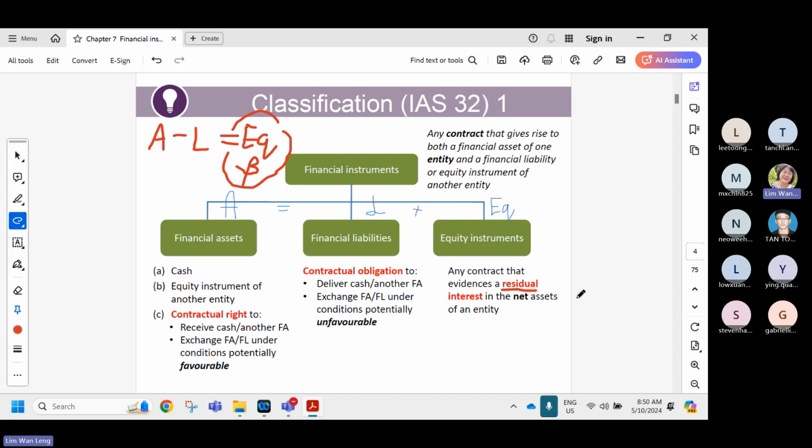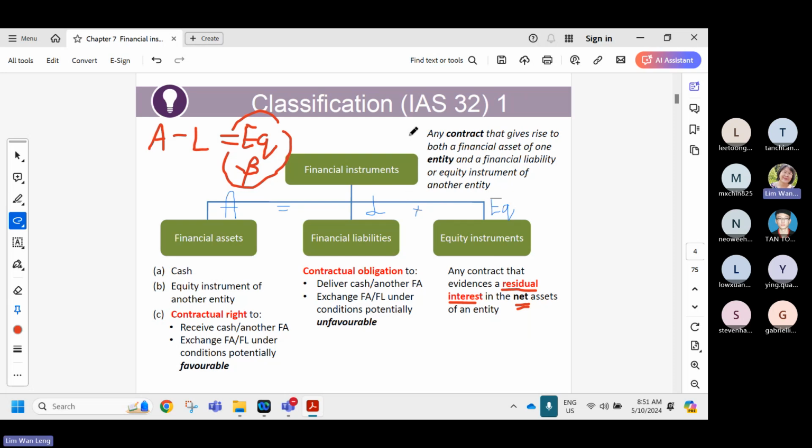The equity instrument definition here says: any contract that evidences a residual interest in the net assets. Net assets means assets minus the liabilities. So as per the basic accounting equation, and as you can see in the financial instrument standards here, equity instrument is always the residual.